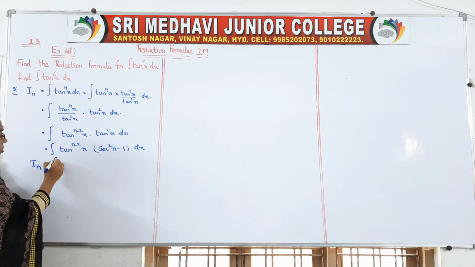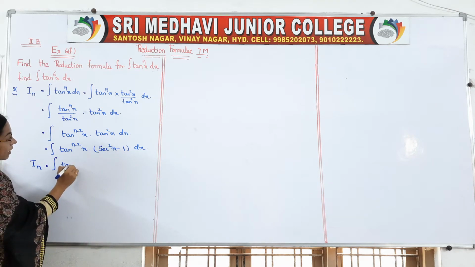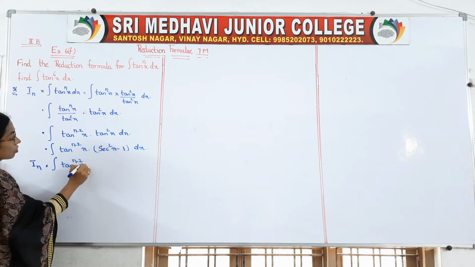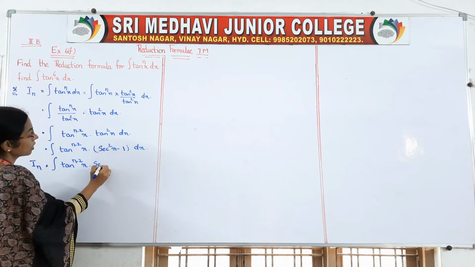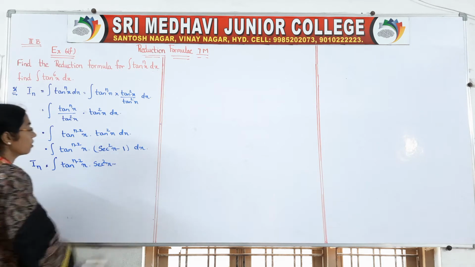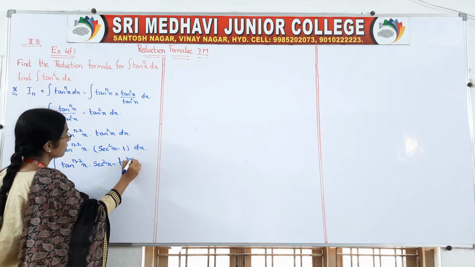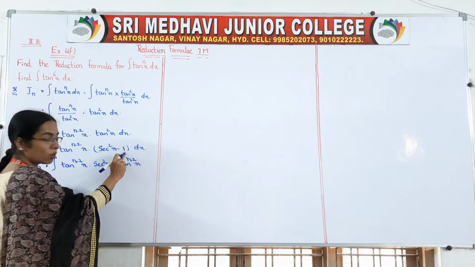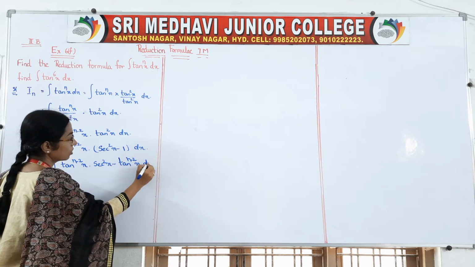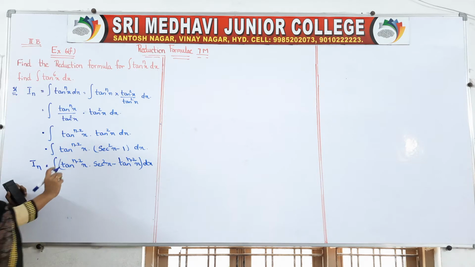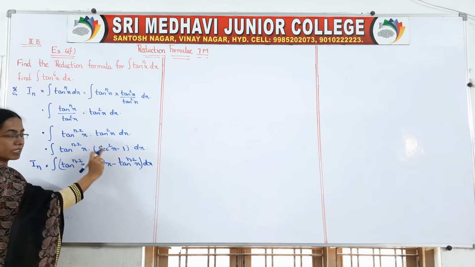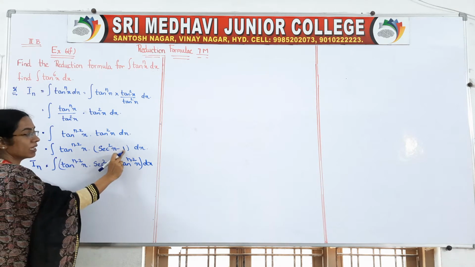In is equal to integral of tan of n minus 2x into secant square x minus tan of n minus 2x into 1, dx. Okay, so we multiplied this with this, next this with this.